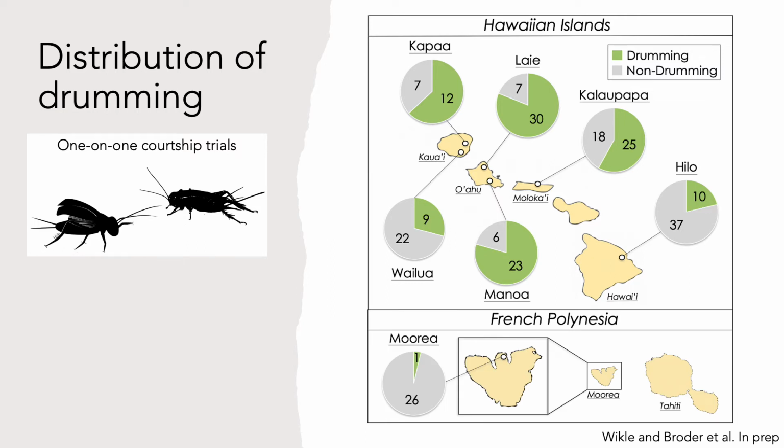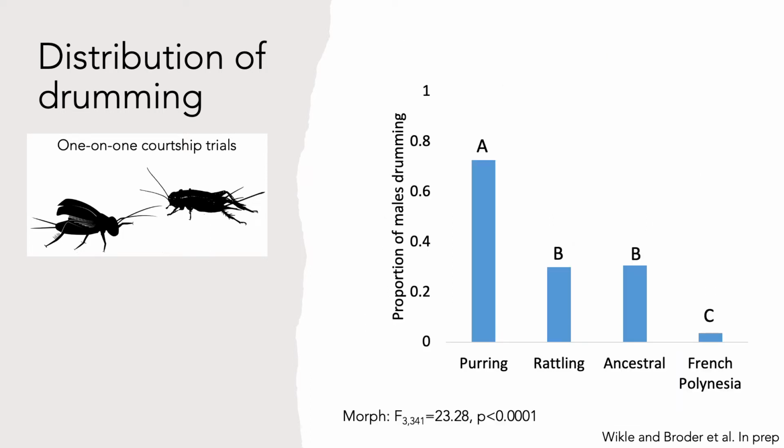And while rare, we did find that drumming exists in that ancestral state. But you can see that drumming has increased in frequency in the Hawaiian populations. And this increase is particularly driven by the newly evolved purring morph. Here you can see that drumming is differentially expressed across morphs.